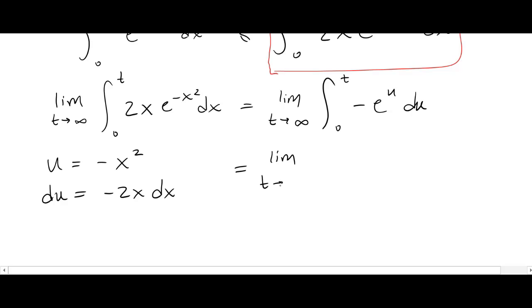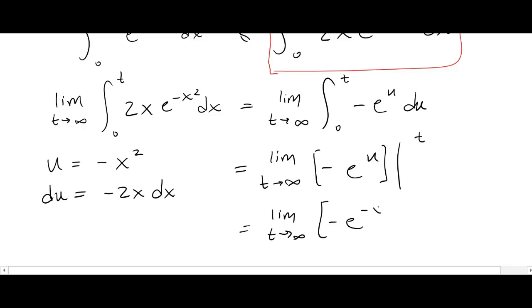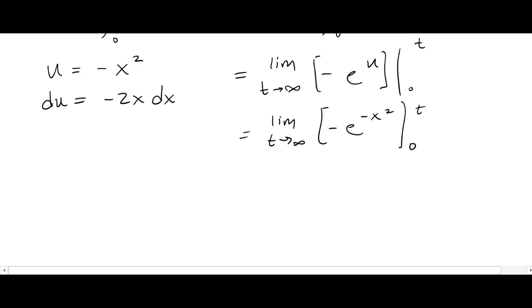So evaluating this integral, we get negative e to the u, evaluated from 0 to t. First, let's plug in u equals negative x squared from earlier, and then evaluate from 0 to t.